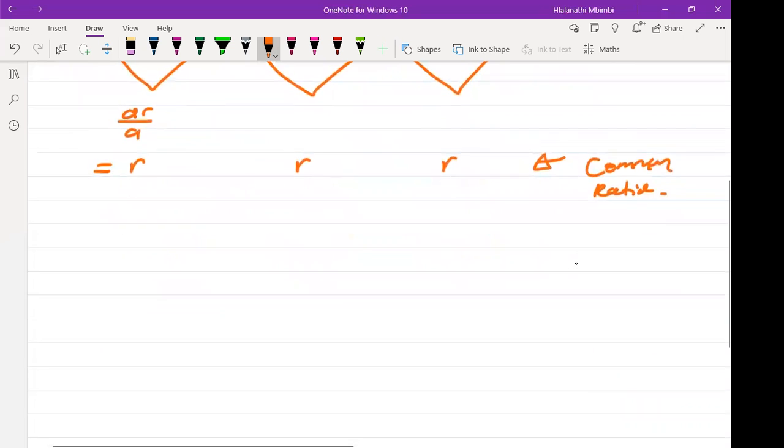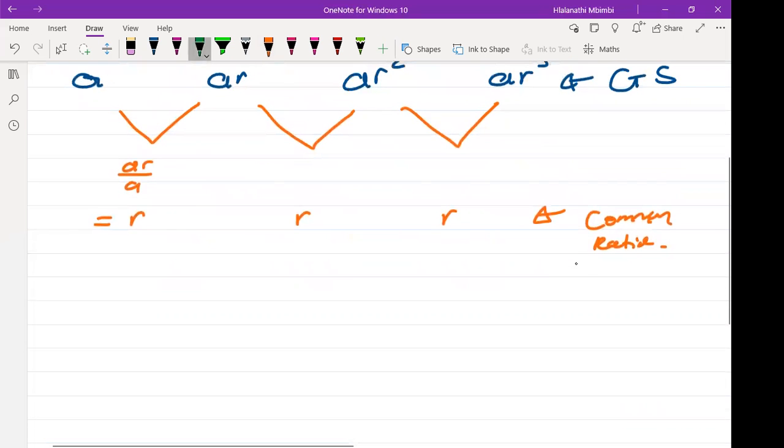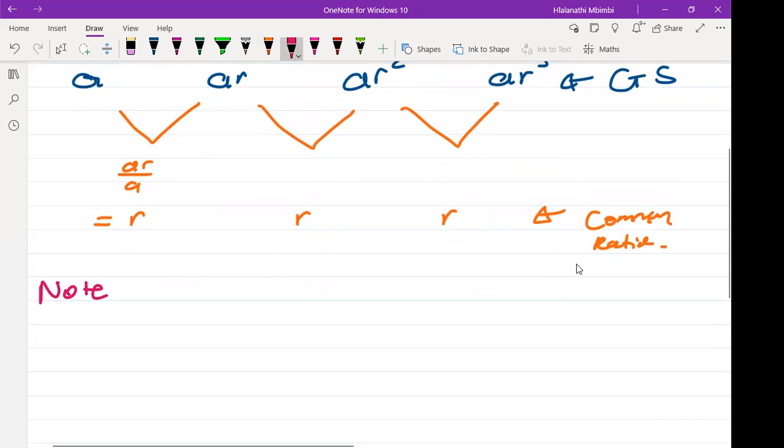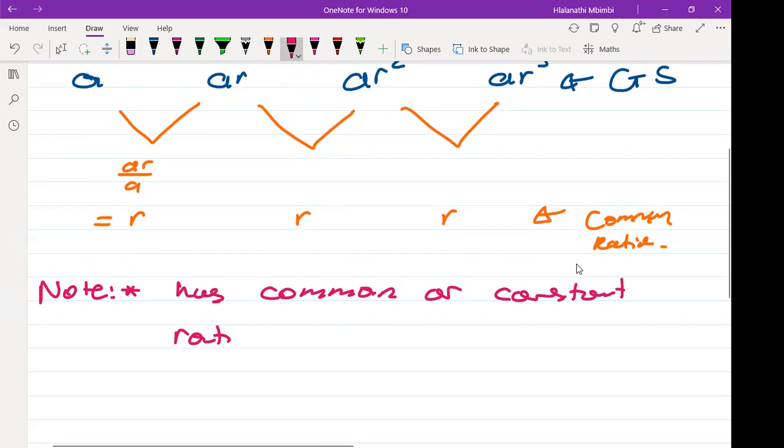Cool. Now, I just wanted you guys to note a few things about what we have here. Please stop me and ask questions if you like. I want you to note that this sequence, as I've said, has a common or constant ratio, and that ratio is called r, and that's between terms.